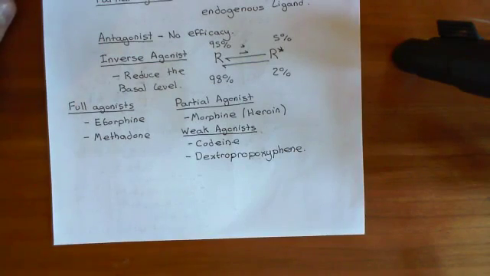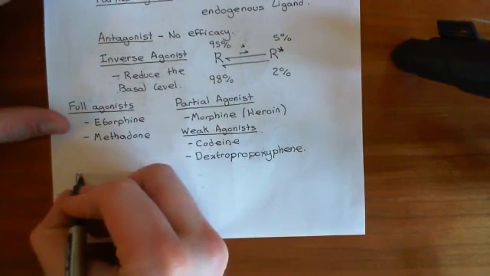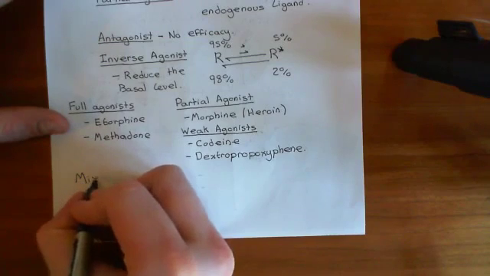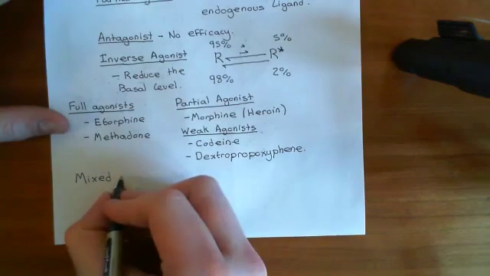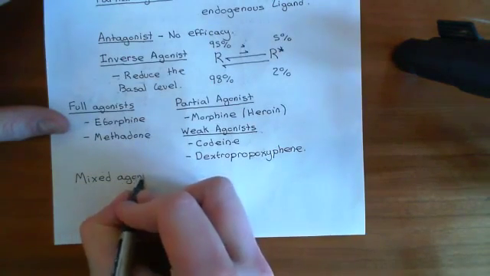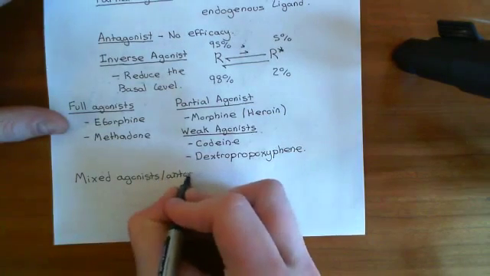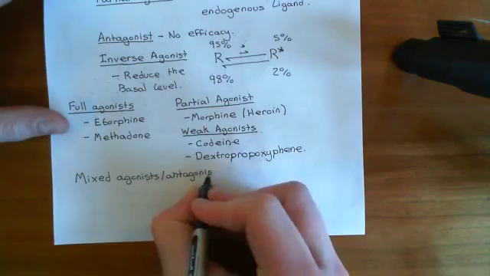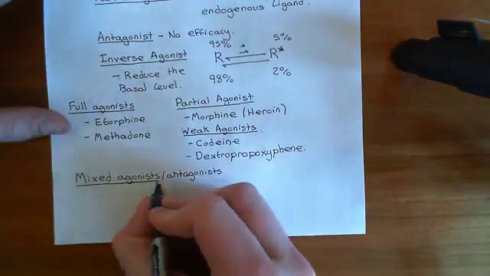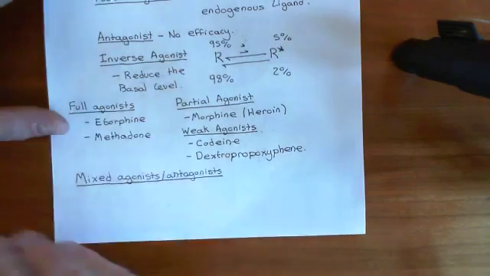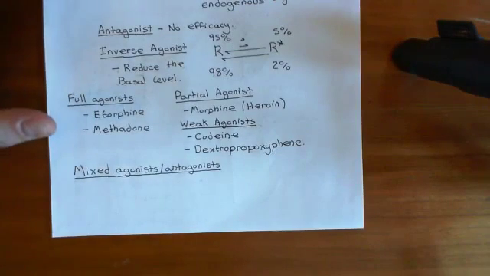Next, let's move on to some quite interesting drugs, which are what are known as mixed agonists, because they are agonists at certain opioid receptors, but they're actually antagonists at the mu-opioid receptors. So you could call them mixed agonists/antagonists. They will bind to the mu-opioid receptor and act as antagonists there, so they have no effect on the activation state of the receptor.